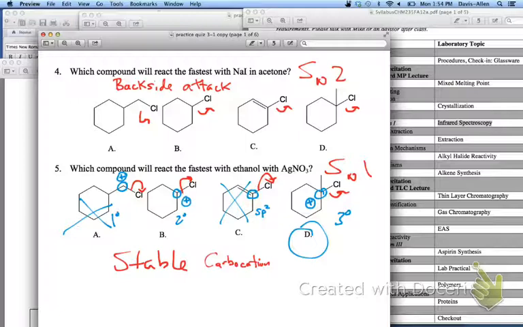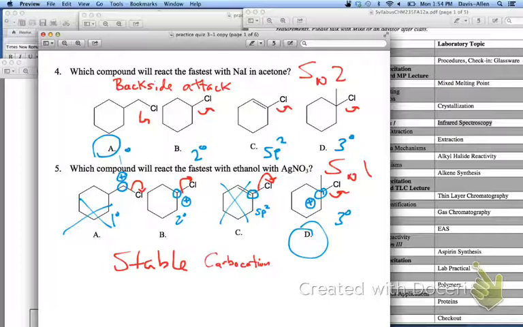So when we look at the backside attack, what would we predict? Particularly because our substrates are now all the same. We still have a primary, secondary, sp2, and tertiary. We end up seeing A react. Okay? Because in that case, the backside of that carbon-chlorine bond is more available. What things are blocking it?